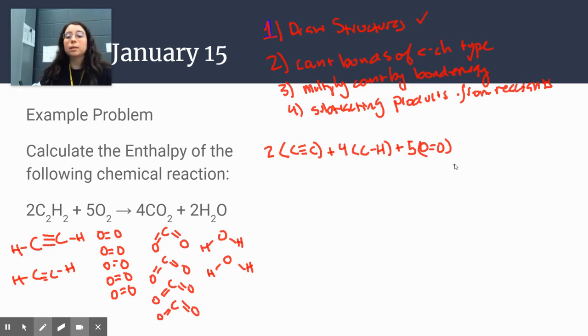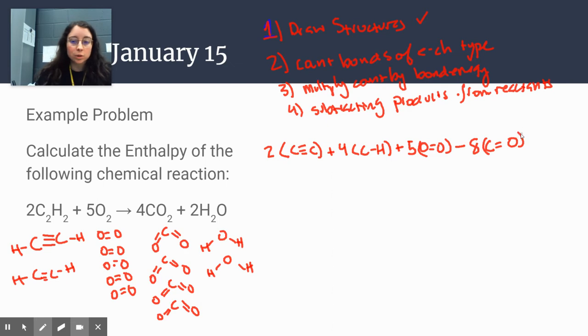So I'm going to move on and think about the 4th step, and I'm going to start subtracting now. So I'm going to start subtracting my products. So now I've got 4 carbon dioxides, and that is going to be 8 carbon, oxygen, double bonds. Okay? Did I do that right? Oh dear, I didn't.